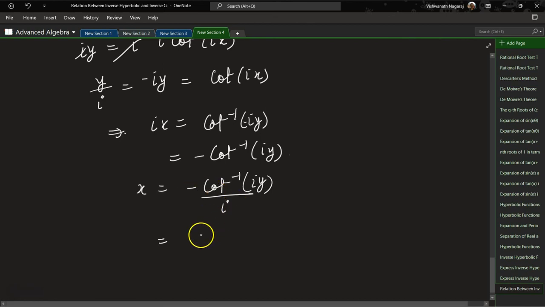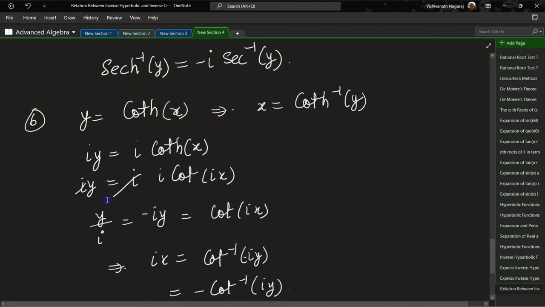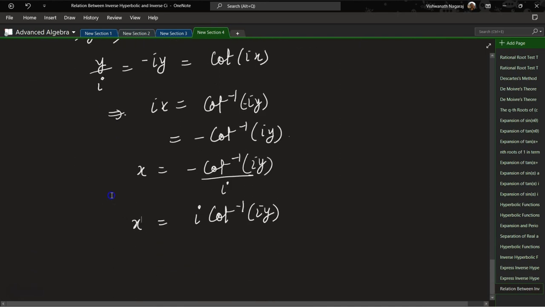Minus into minus plus, so we end up with i cot inverse of iy. Now remember, this is equal to x, and above also we had something equal to x, that is hyperbolic cot inverse of y. So coth inverse of y is equal to i cot inverse of iy.